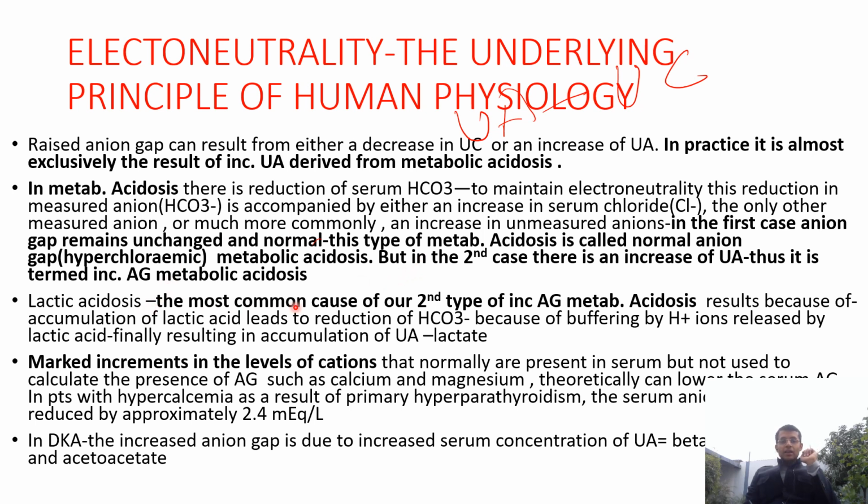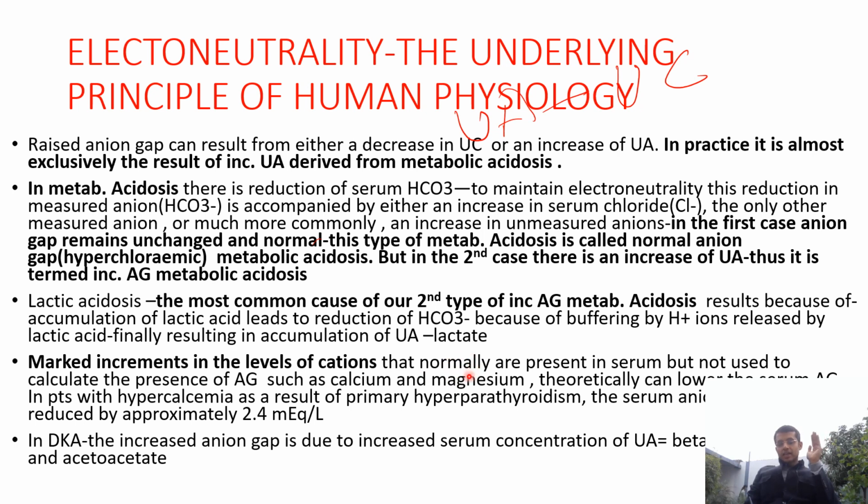So lactic acidosis is the most common cause, which is the second type of increased anion gap metabolic acidosis. It results because of accumulation of lactic acid, which leads to reduction of bicarbonate because of buffering of H positive ions released by lactic acid, finally resulting in accumulation of unmeasured anions, that is lactate.